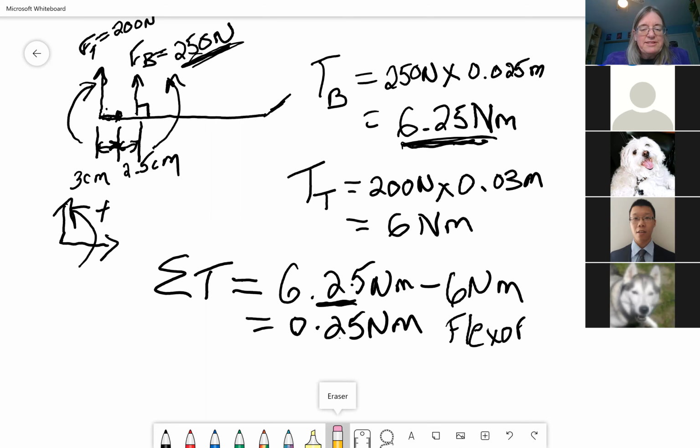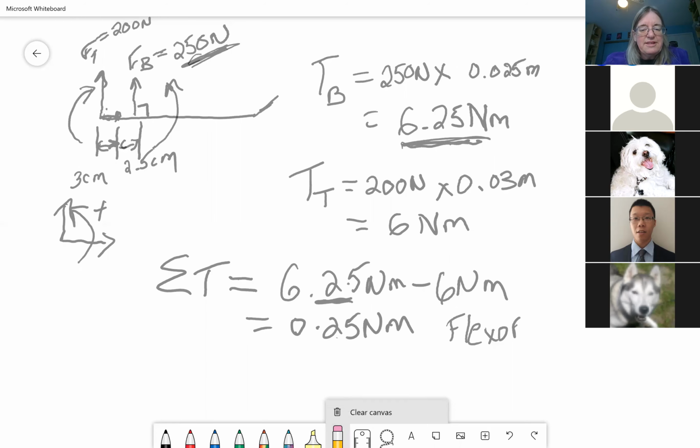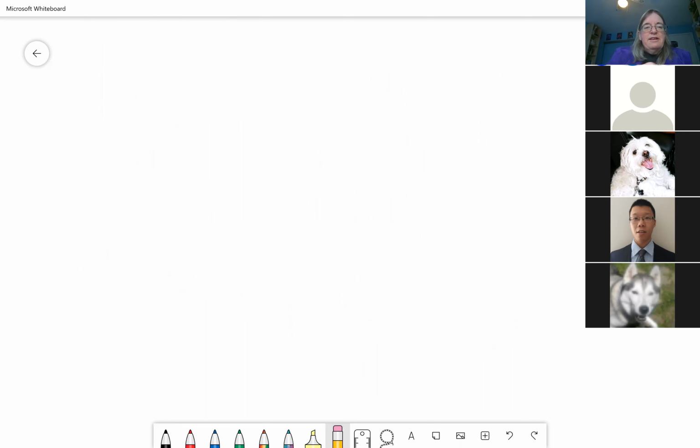So let me just clear this. Let's say I have a board, and in the middle of the board is a hinge that it's rotating around.